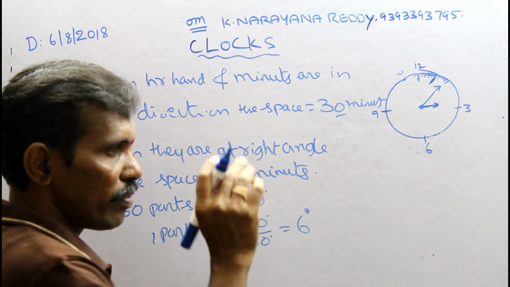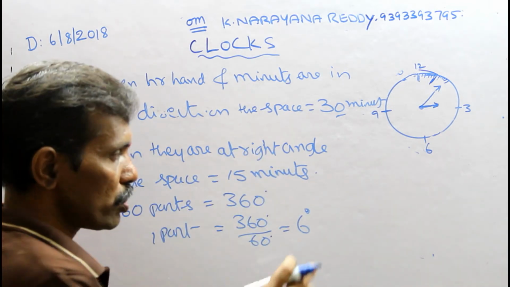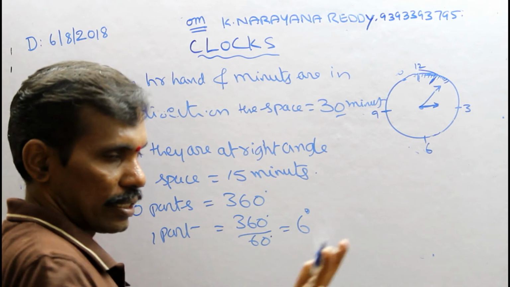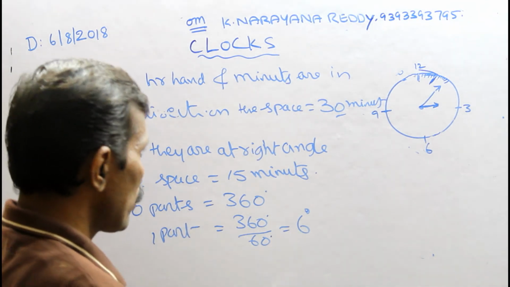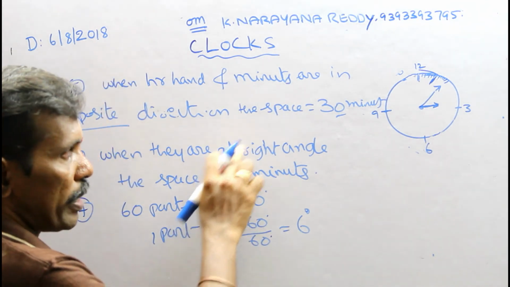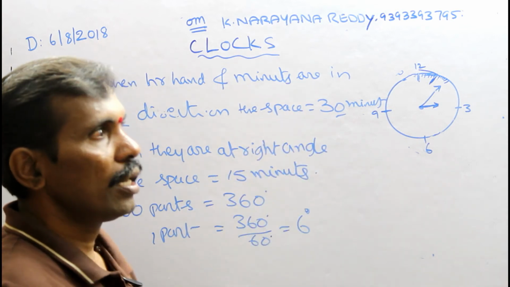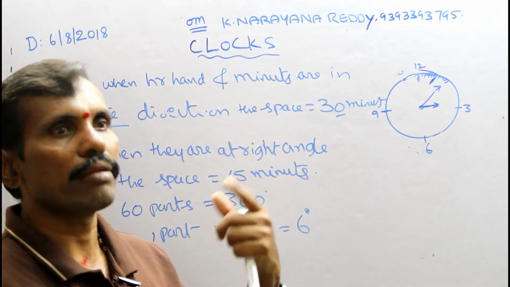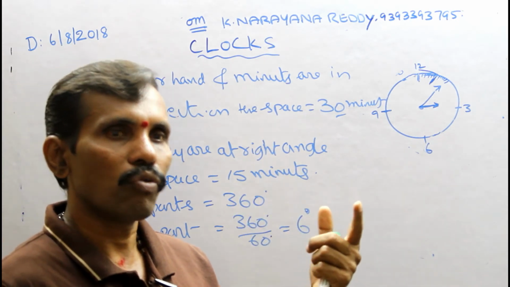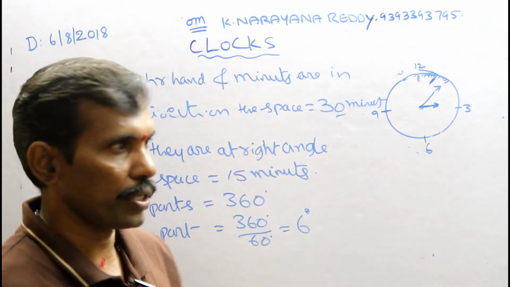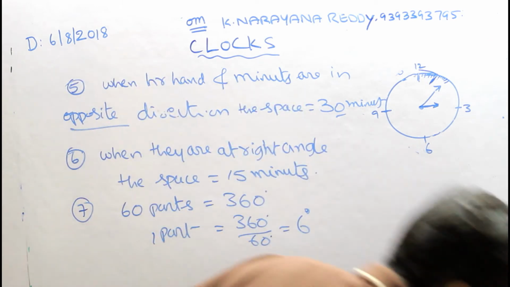The clock is divided into 60 equal parts, each part equals 6 degrees. That is important. Another one is 15 minutes apart space, 30 minutes space. That is important. Another one is 55 minutes gained by the minute hand over the hour hand in 1 hour. That is important.